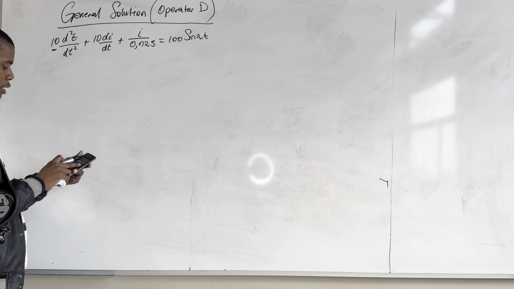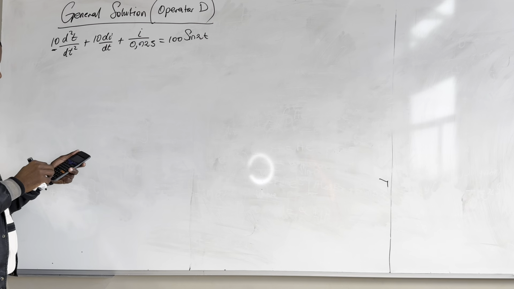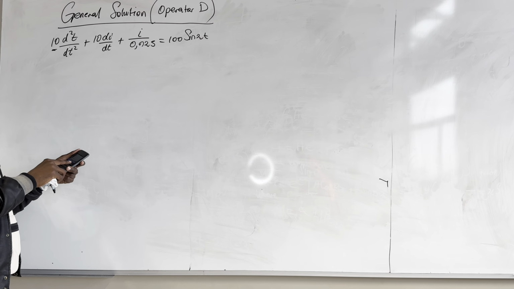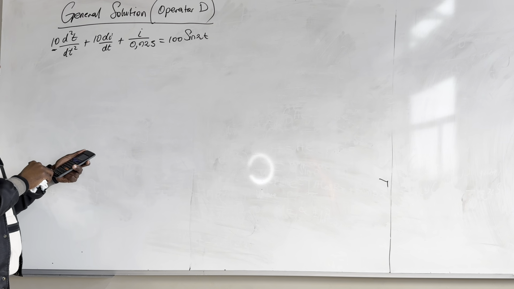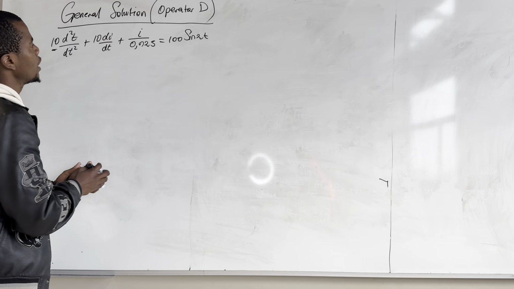So let me just check. We have 1 over 0.0225, so this is 40. So you can simplify this.